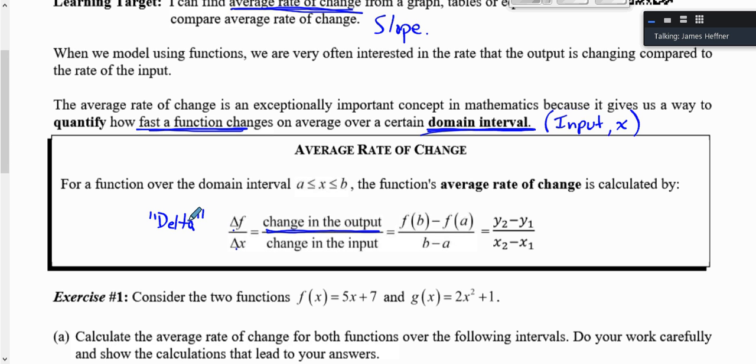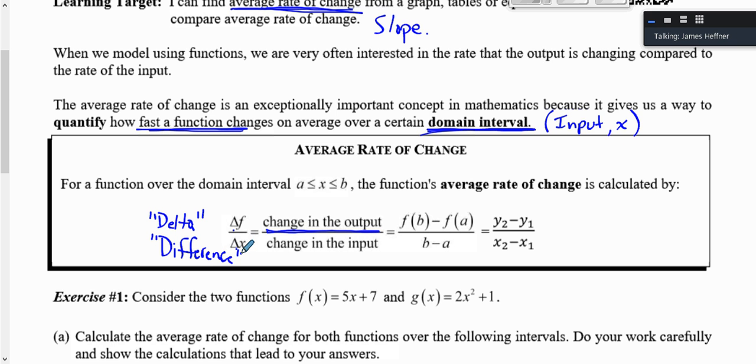Delta also means difference. So if you see delta f, that means the difference in f values, and delta x is the difference in two x values. And mathematically, what operation allows us to find a difference? Adding, subtracting?